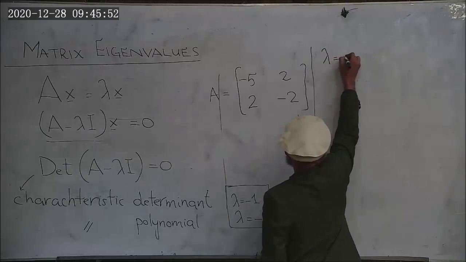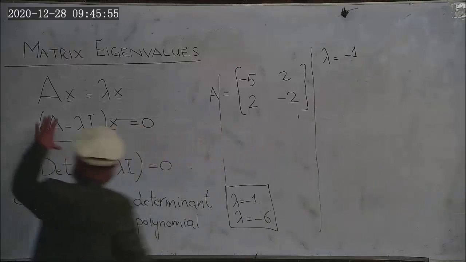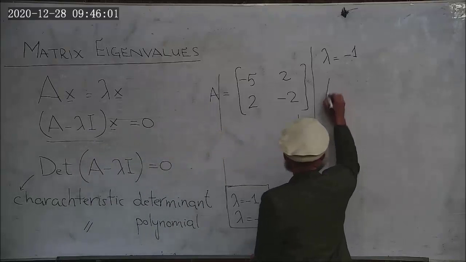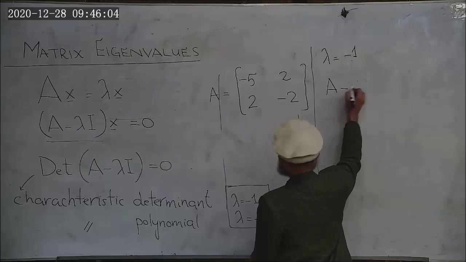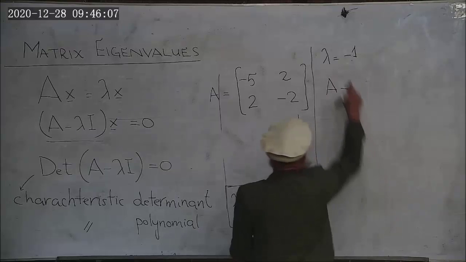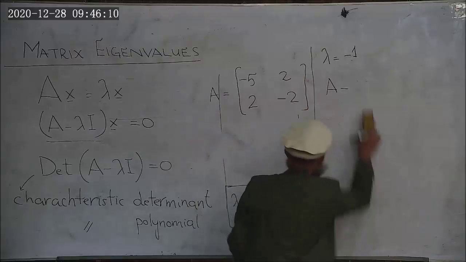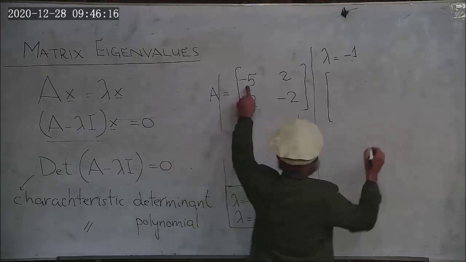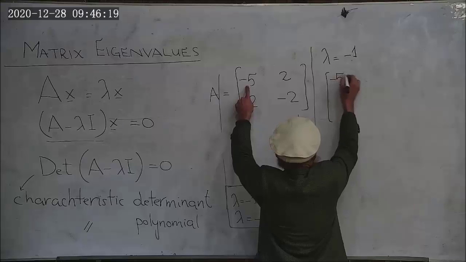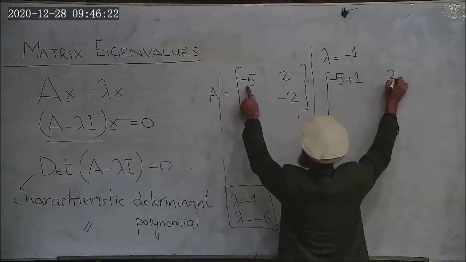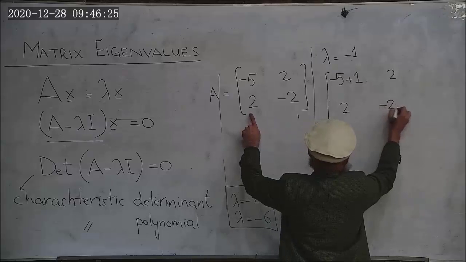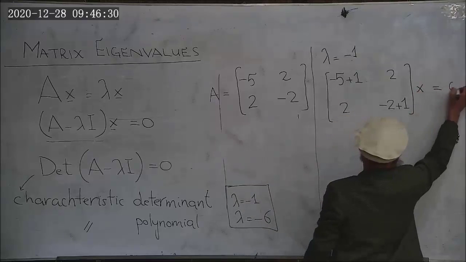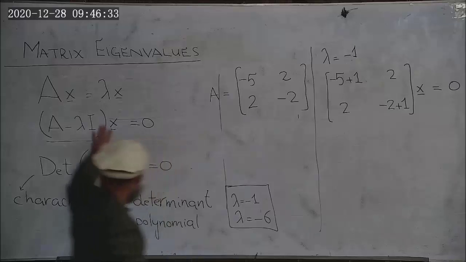For lambda equal to -1, this equation becomes, so we just omit the intermediate steps, we have -5 plus 1, 2, -2 plus 1, times x equal to 0. So here is the equation.